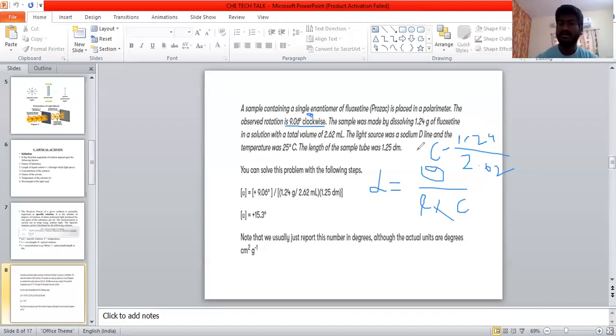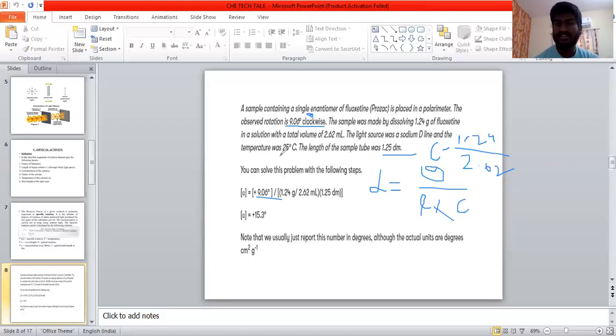Concentration is equal to 1.24 by 2.62. Then the light source was sodium D light, and the temperature was 25 degrees. We don't require the temperature, we require the length. The length of the sample was 1.2. So by substituting the values, you will get the answer. Alpha is equal to theta. The observed rotation, since it's a clockwise direction, is going to be positive. If it is in an anti-clockwise or counterclockwise direction, then it is going to be negative.